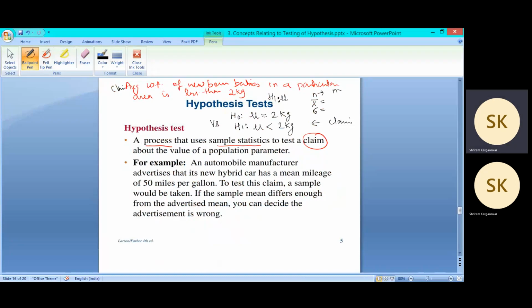If it is a large sample, it should be greater than or equal to 30, and if it is a small sample, it should be less than 30. Then you do the calculation, compare it, and take the conclusion. All this process is a hypothesis test. The entire process is called testing of hypothesis.